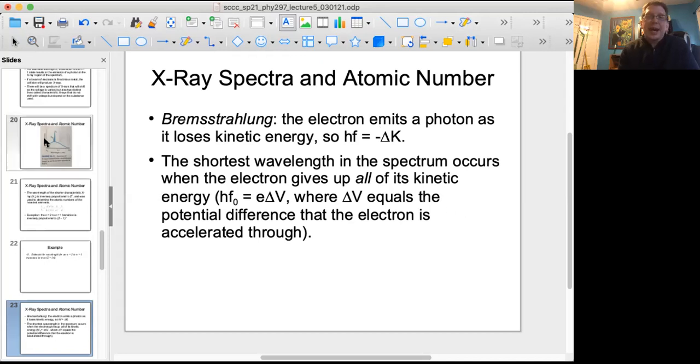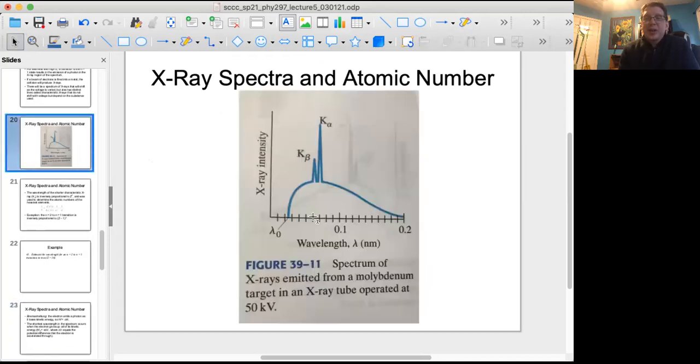So again, going back to this diagram, you have that lambda naught that corresponds to the highest frequency of radiation that the electron will emit, which basically equals the kinetic energy of the electron involved. And so you adjust the potential difference, you adjust the energy of the electron.